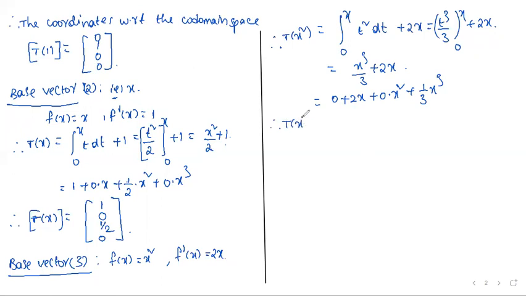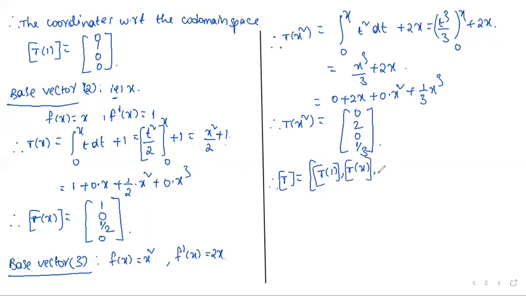Therefore, T of x^2 is the vector (0, 2, 0, 1/3). Therefore, we construct the matrix associated with the linear transformation, that is T of 1, T of x, T of x^2, whose columns are the coordinates of the images with respect to the codomain basis.